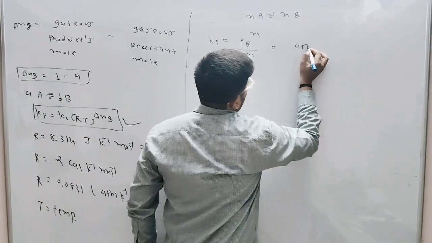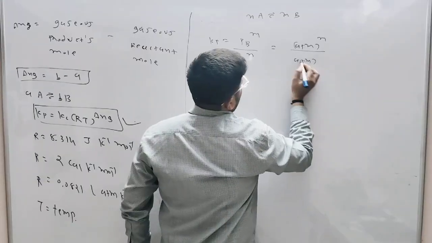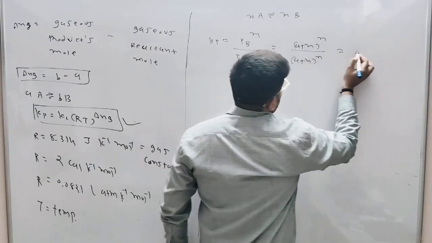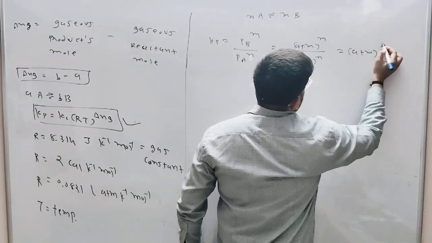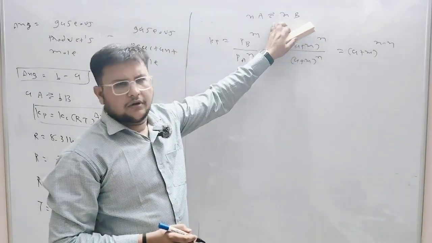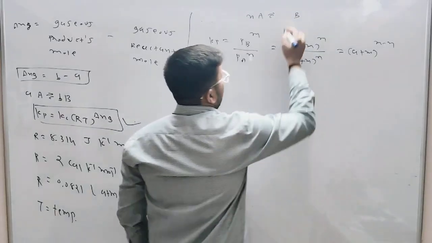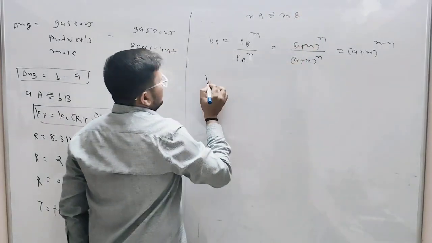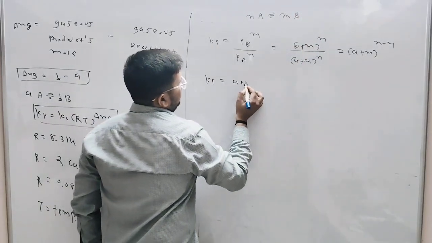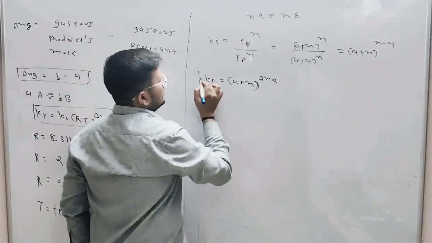Okay, atm. atm raised to m, atm raised to n. Here it becomes atm to the m minus n, where m is the mole of product and n is the mole of reactant. Then you can write the unit of Kp is equal to atm raised to delta Ng.